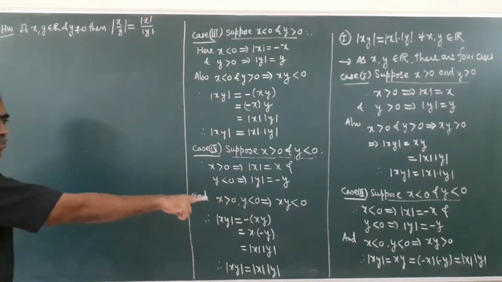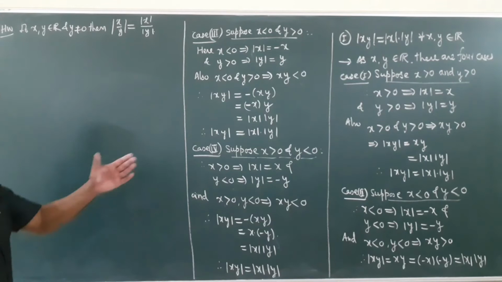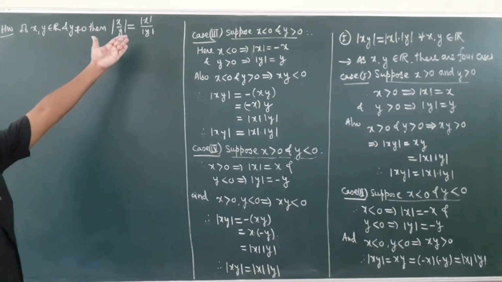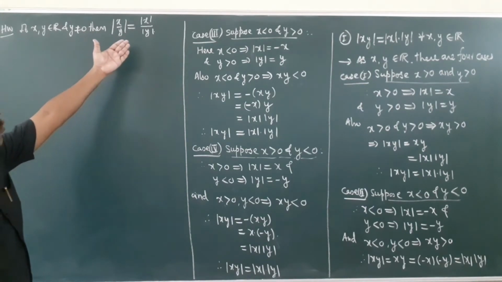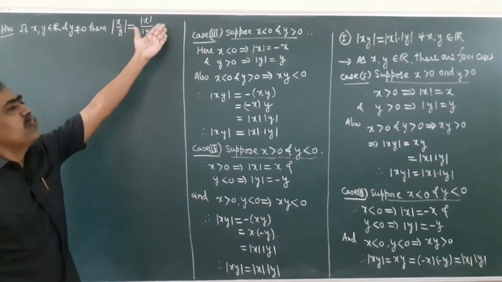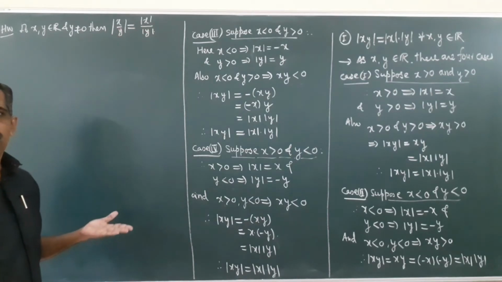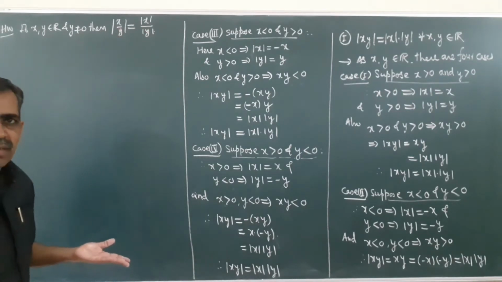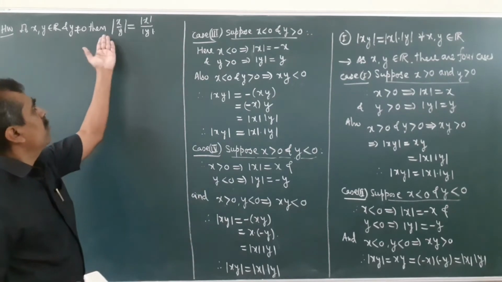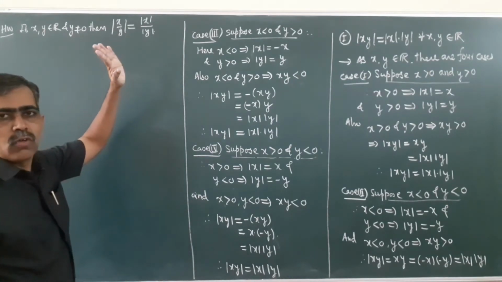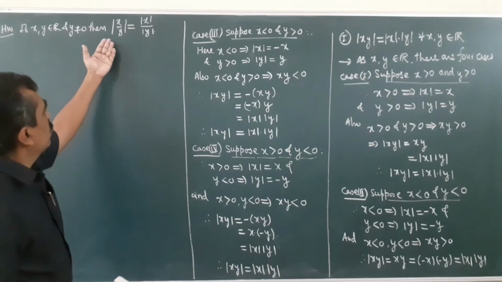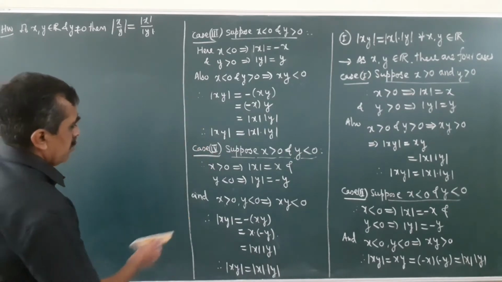Very similar to this you can deal with. Instead of product there is division. You may write mod of x by y as mod x into 1 upon mod y. If 5 is a real number, 1 by 5 is another real number, right? So you deal with it the same way, provided y should be non-zero. So you do this as a homework.